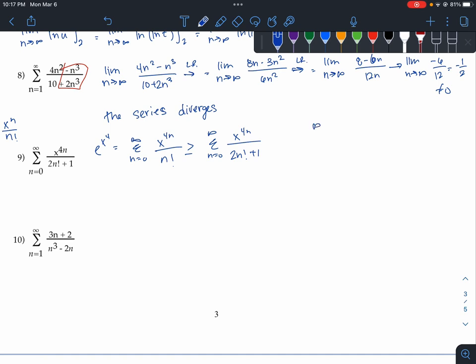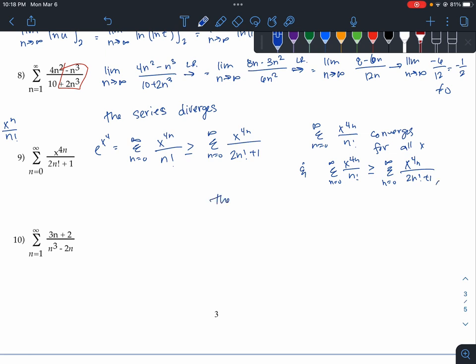So let's say the series of x to the 4n over n factorial from n equals 0 to infinity converges for all x, and it is greater than or equal to the series as n equals 0 of x to the 4n divided by 2n factorial plus 1 for all n.